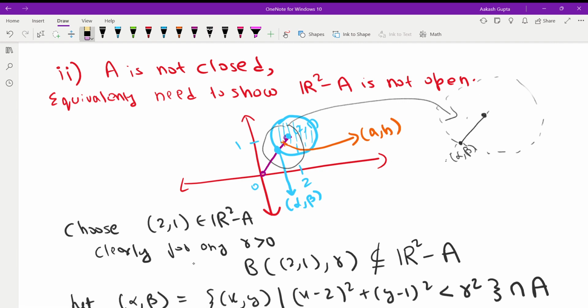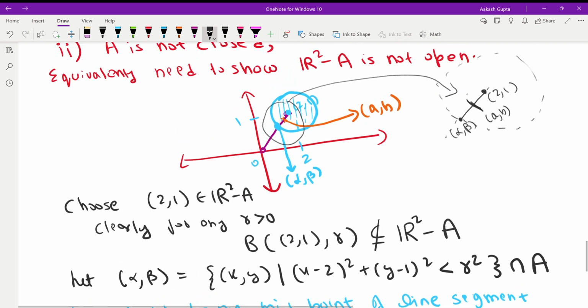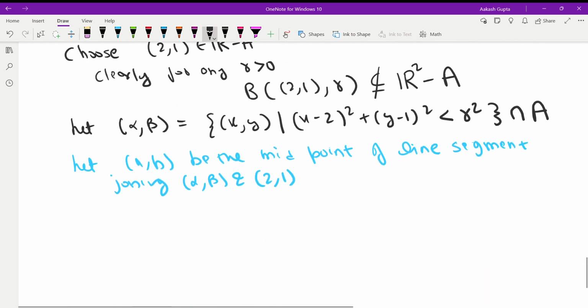Now this is alpha comma beta, and this is your 2 comma 1, this point, and here you have this a comma b, which is the midpoint of this.